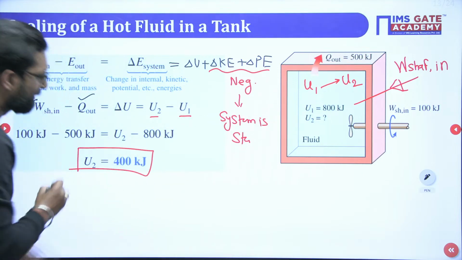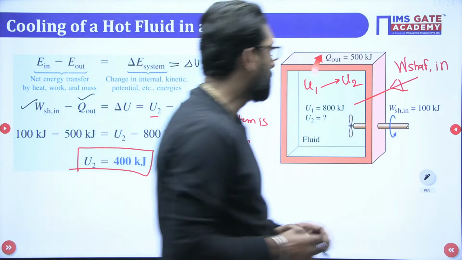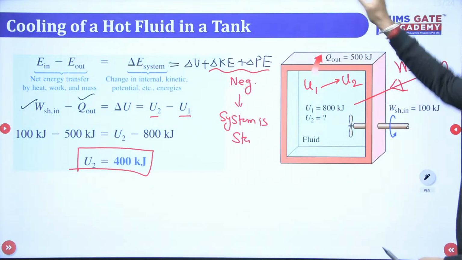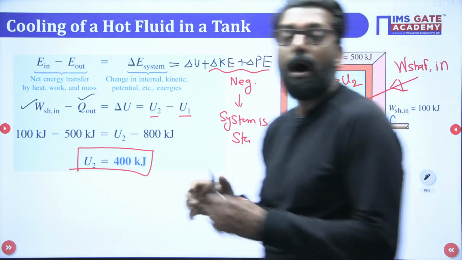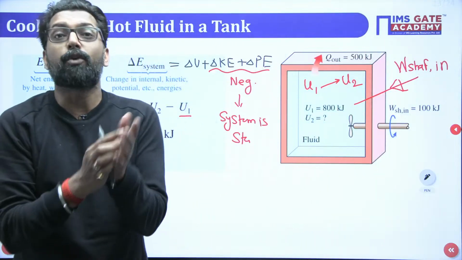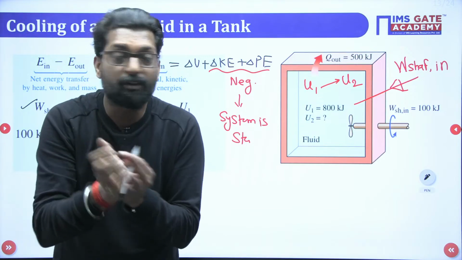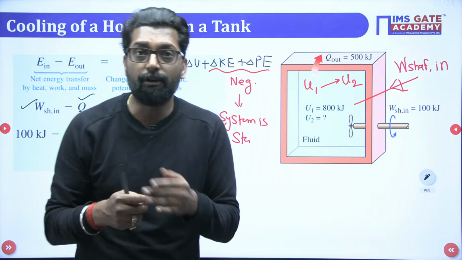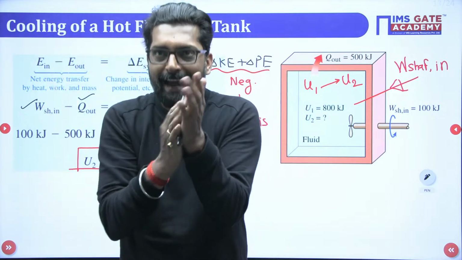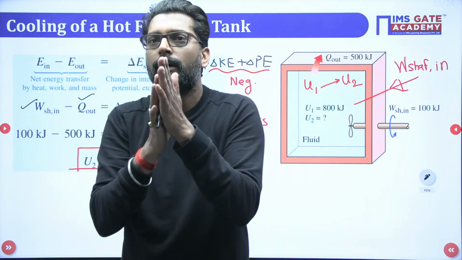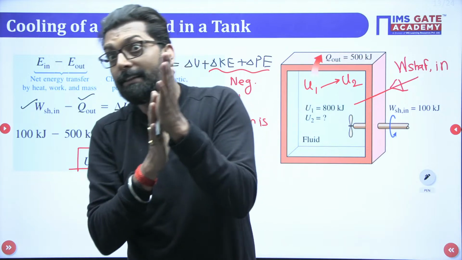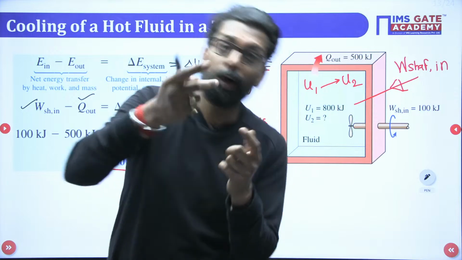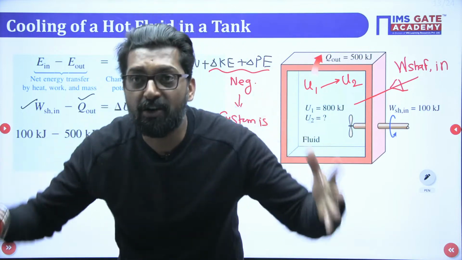Now, my dear, its internal energy reduced. Why? Because of the energy you supply, more and more heat goes out. So though there is a churning process, there is cooling. So if someone asks you, if you churn the fluid in a container, is it always heating, always cooling, both, or we cannot say?